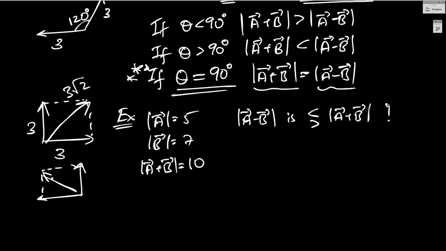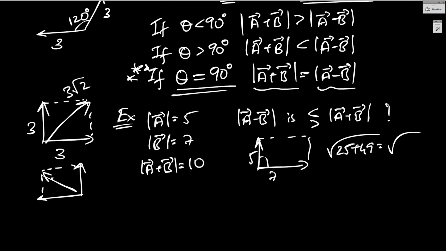So what I will do is I'll figure out what would happen if the angle was 90 degrees. In that case, you would get square root of 25 plus 49. That is what? 74. And our answer is 100, root of 100. So root 74 is less than root of 100, so theta must be acute.